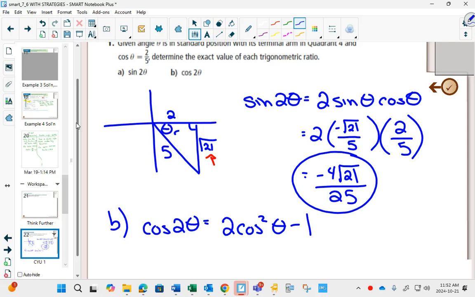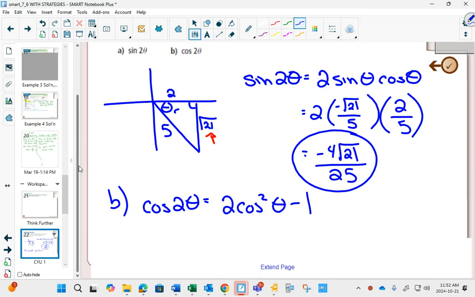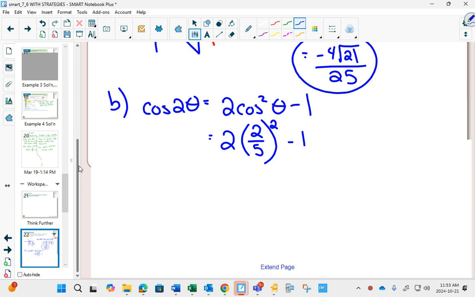It says cos theta is 2/5. So when I plug this into the formula, I have the 2. Cos theta is 2/5. So cos squared theta would be 2/5 squared, times 2, minus 1. Order of operations, I'll square this first. Get 4 over 25 times 2 will give me 8 over 25. How do I subtract?